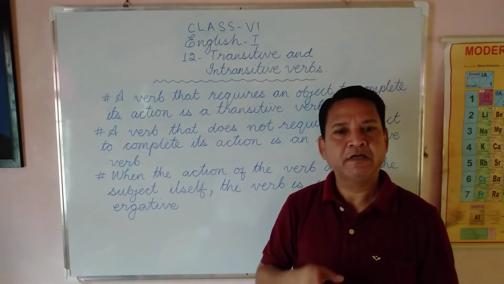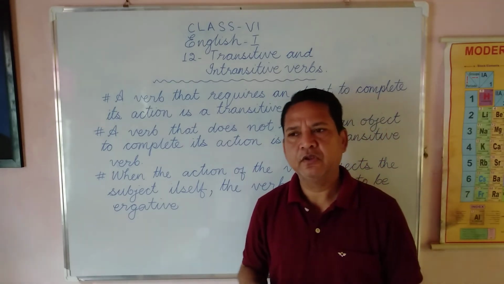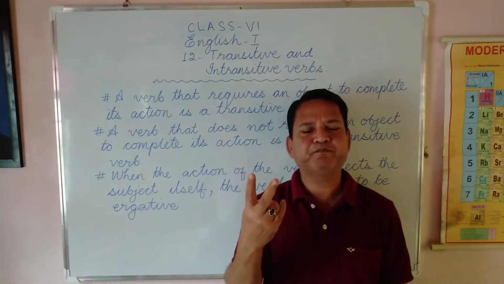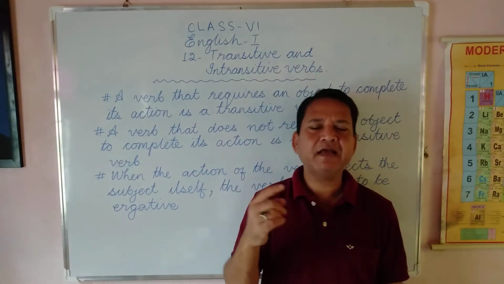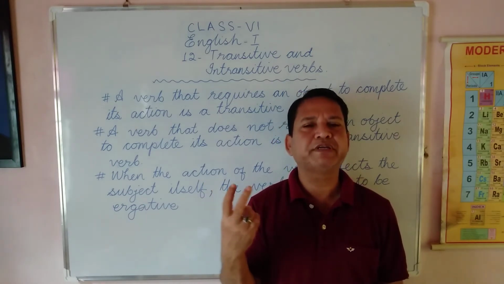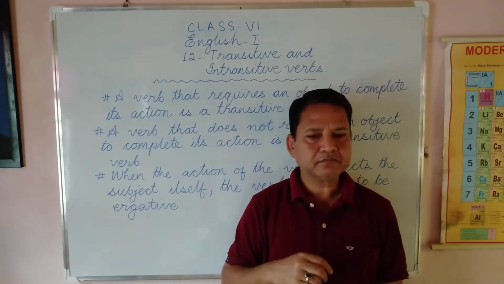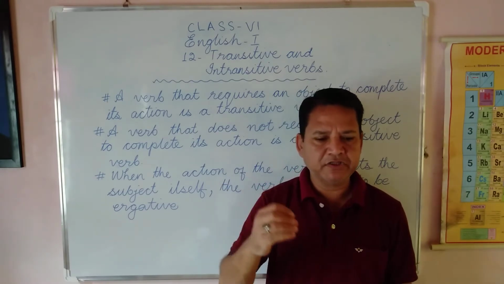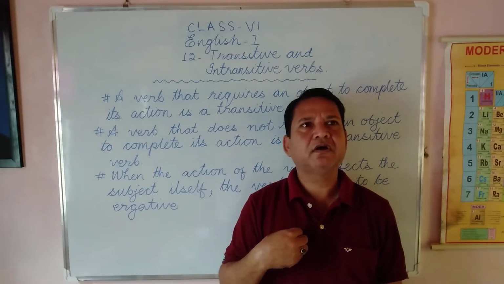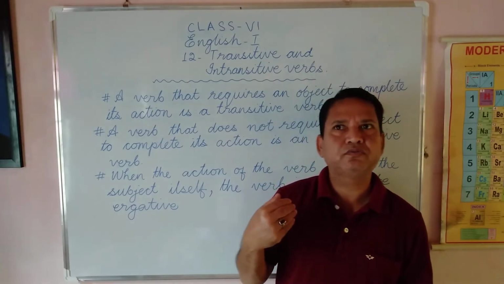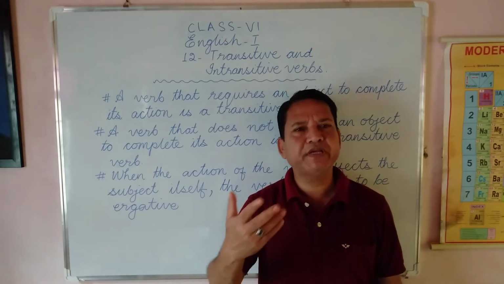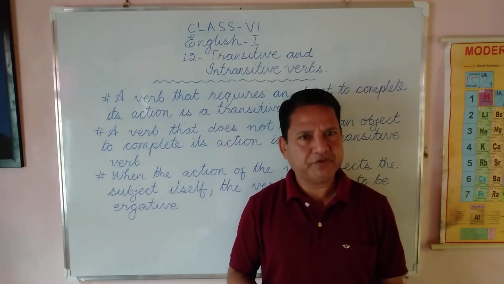Now what is the subject? We have already learned. Basically, a sentence is divided into two parts: subject and predicate. Okay, remember this. What is the subject? The person or the thing about which we are talking or referring to is called the subject, or who is doing the action is called the subject.